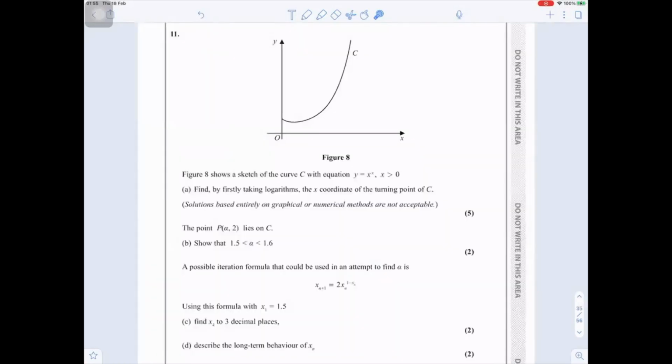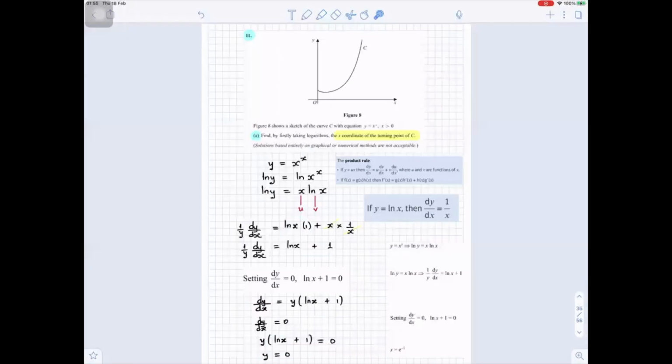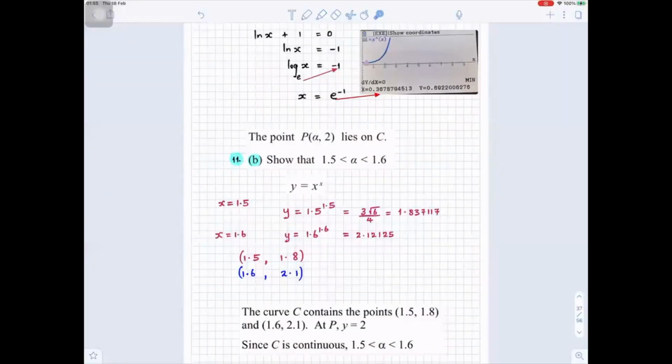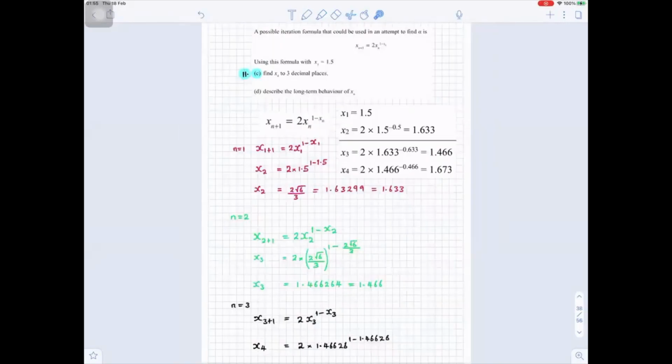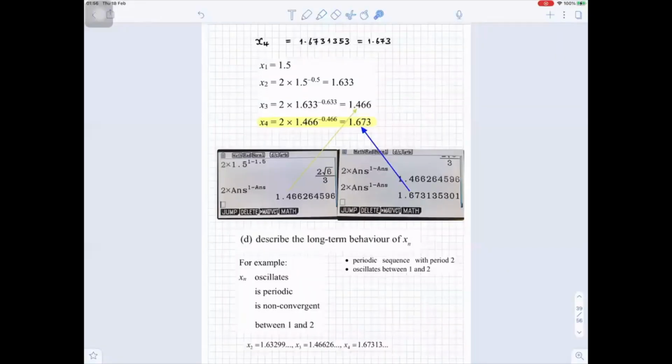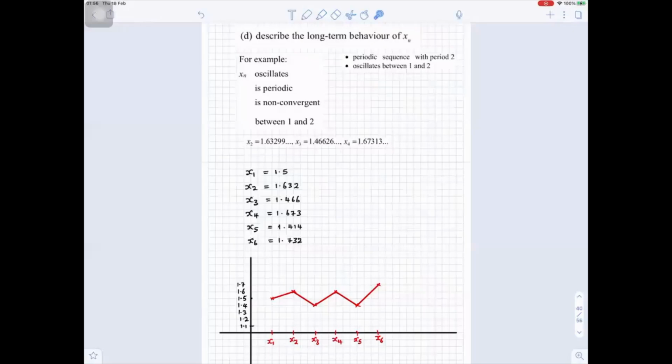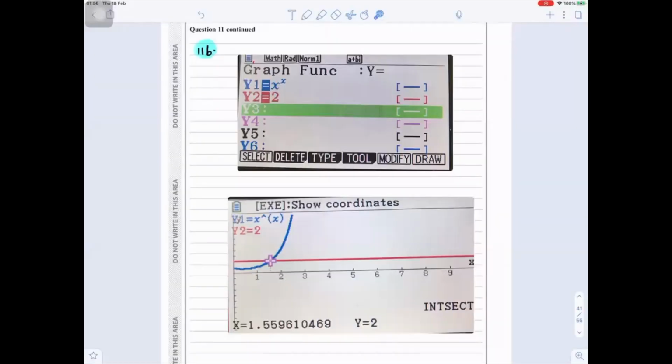So that's question 11: question 11a, 11b, 11c, 11d. And this is how to check your answer for question 11b using the calculator.